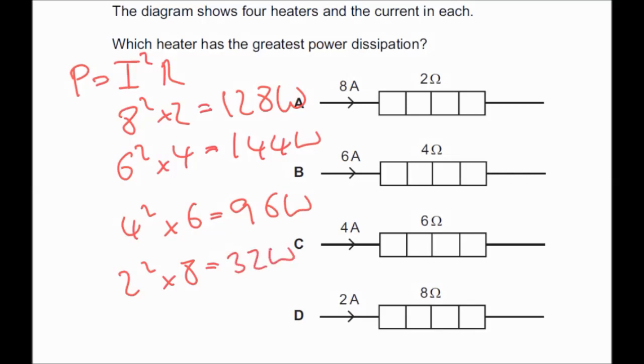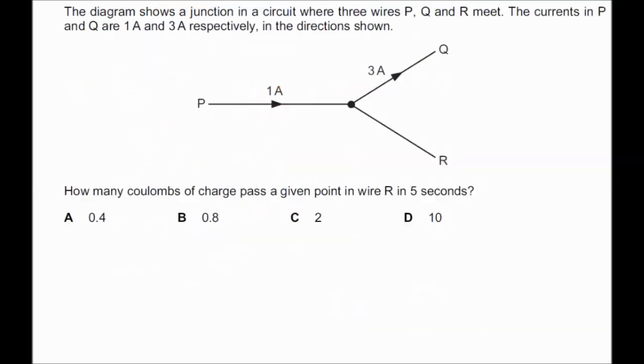The diagram shows a junction in a circuit where 3 wires P, Q and R meet. The current in P and Q are 1 amp and 3 amps respectively, the diagram shown. How many coulombs of charge will pass through R in 2 seconds? Well, if we've got 1 amp going in and 3 amps leaving, therefore we're going to have a current of 2 amps in this direction.